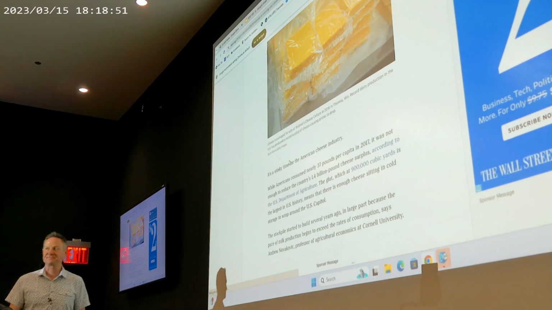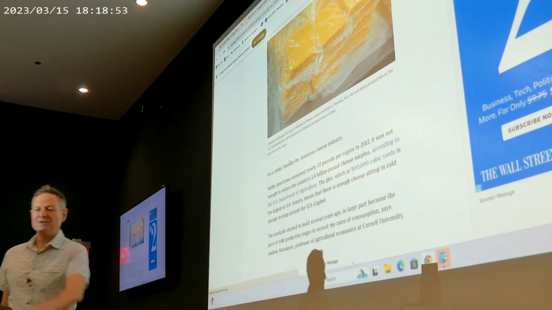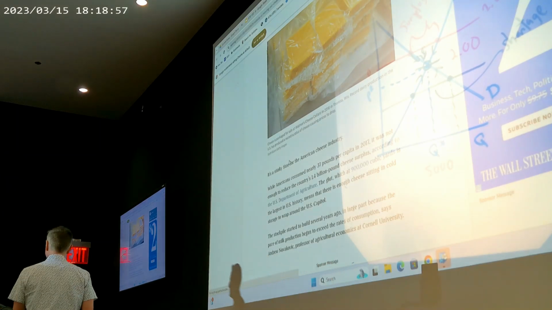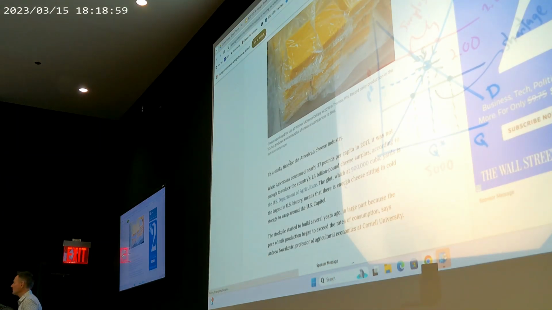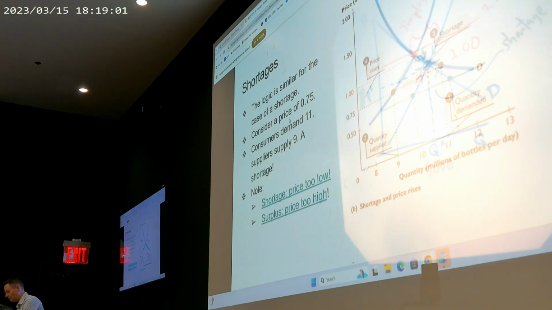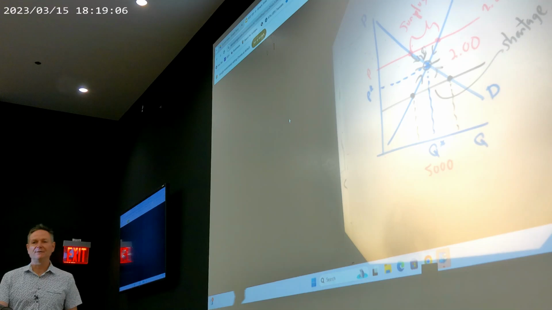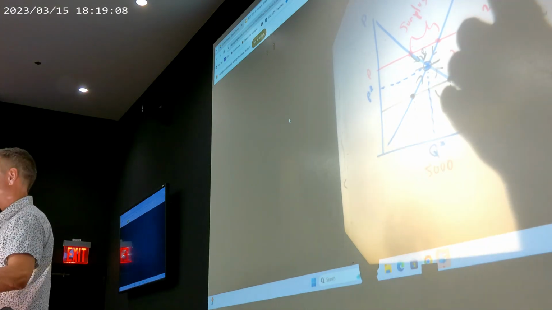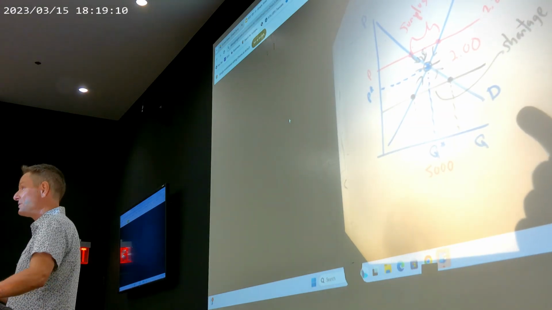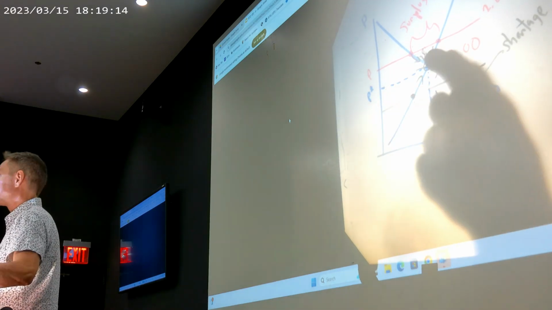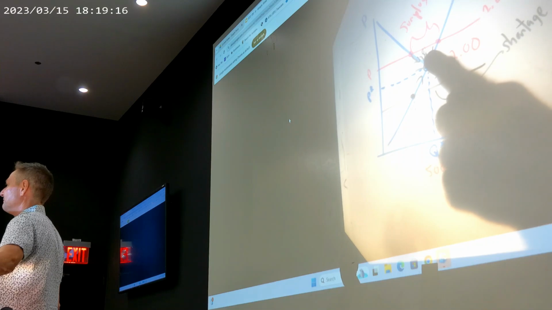The price of milk is greater than the equilibrium price, and this would be my red line here. The supply of milk comes from dairy farmers, and the demand comes from consumers. The price is too high, so there's a surplus of milk.